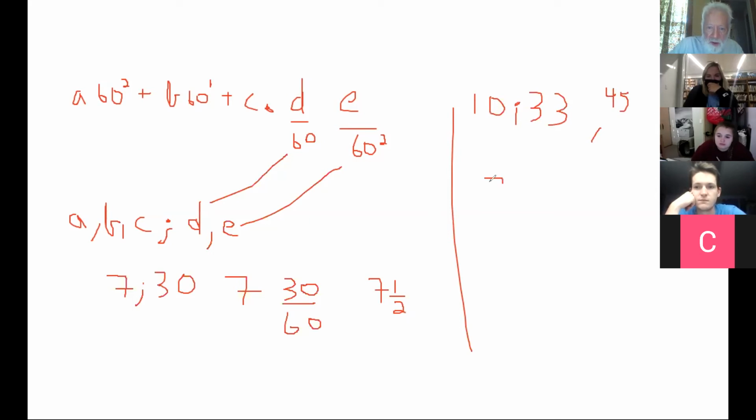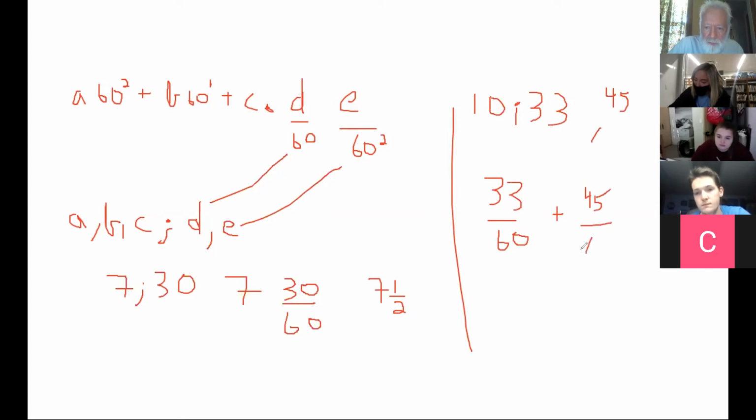That's going to be 33 over 60, the decimal part. Or it's actually sexagesimal, sexa meaning 60, plus 45 over 60 squared. Hopefully that's a common fraction.